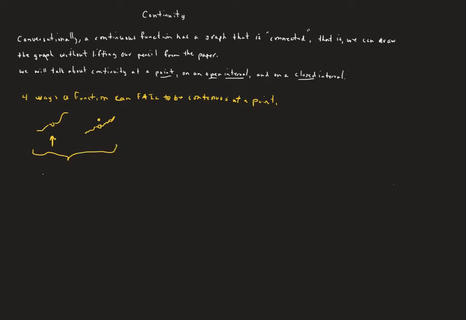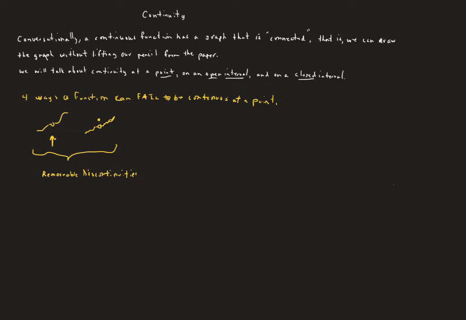They are called removable discontinuities. These are removable because you could fix them.